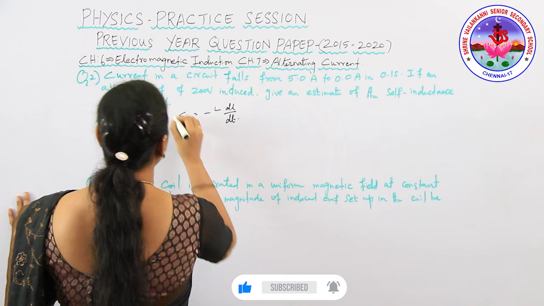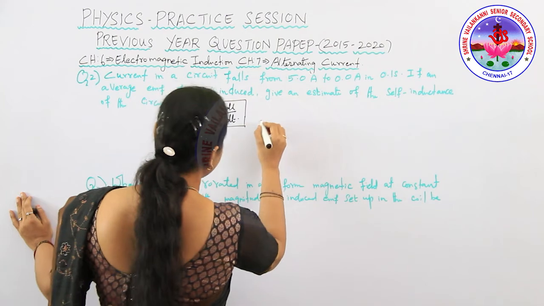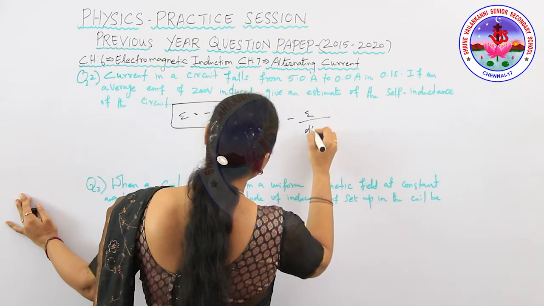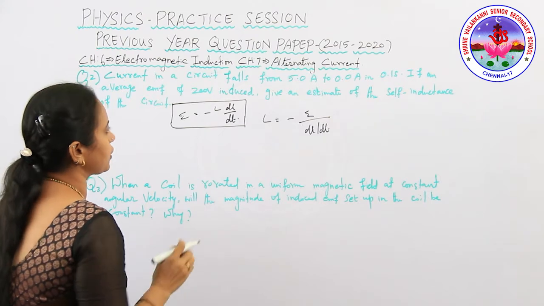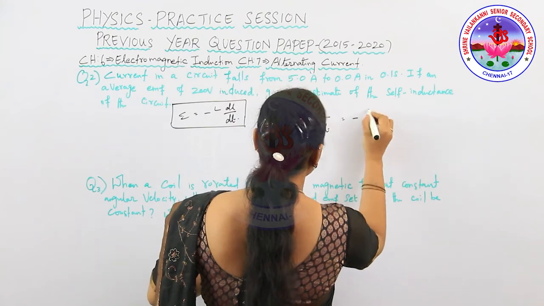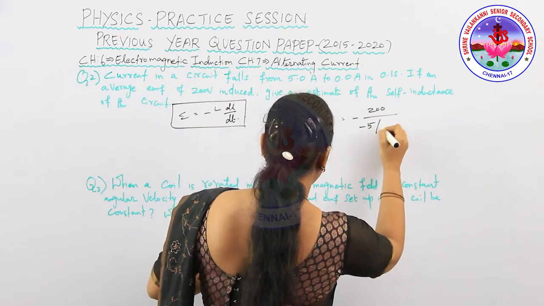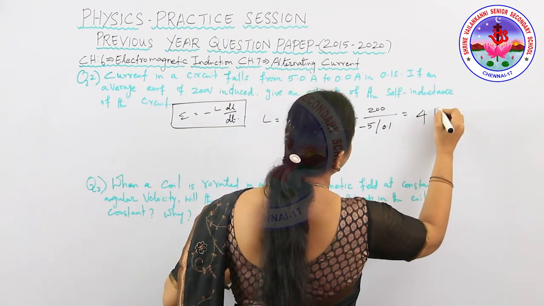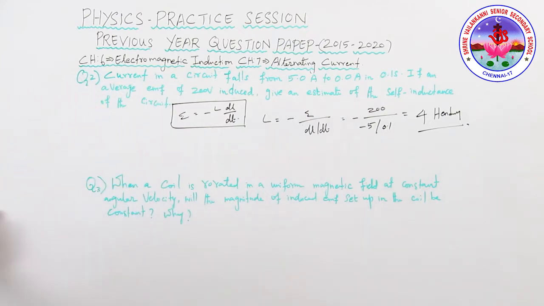So from that we can get the self-inductance L, which is equal to minus E by dI by dt. Directly we can apply the EMF they have given, minus 200, divided by minus 5 divided by 0.1. So by simplifying this, you will get 4 Henry. Okay, so this is the self-inductance value.